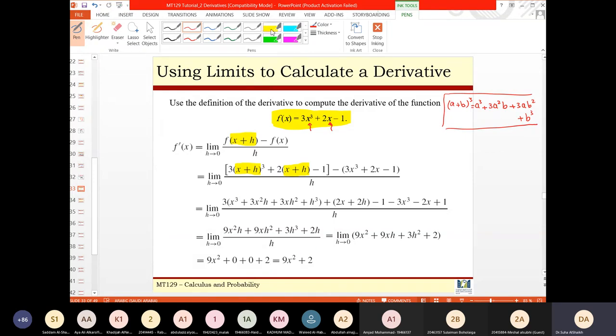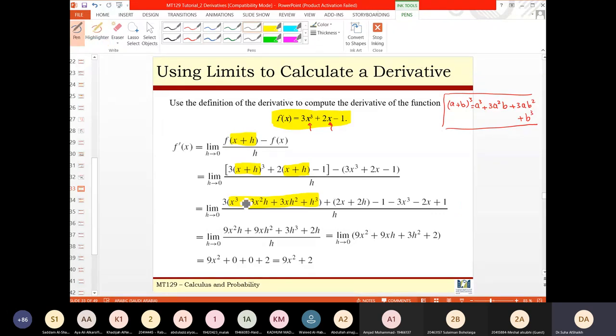So this is the first part. The second part is the function itself, 3x cubed plus 2x minus 1. Now we expand this. We expand this to 2x plus 2h. The minus here will make this minus 1, and the minus makes this minus 3x cubed minus 2x plus 1, and we start canceling whatever can cancel.